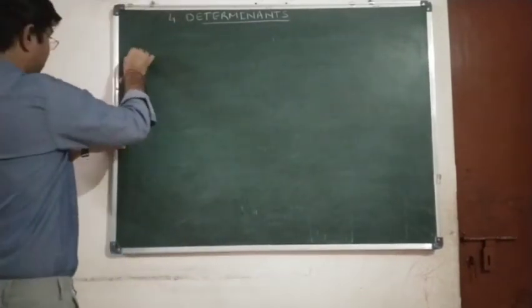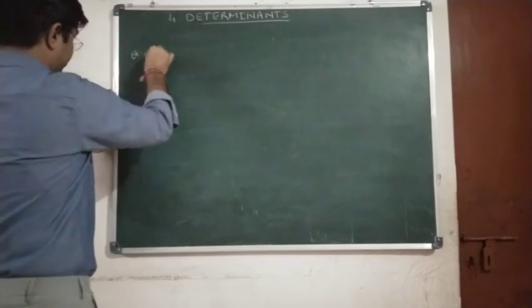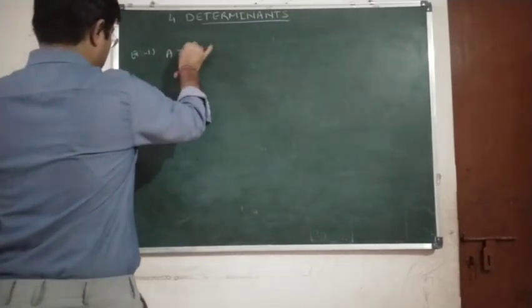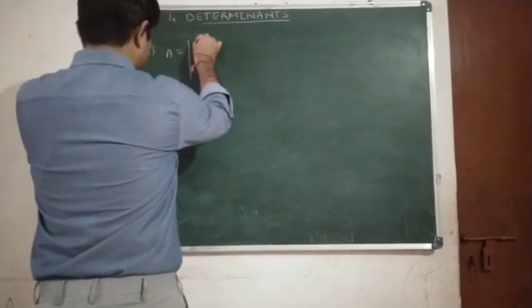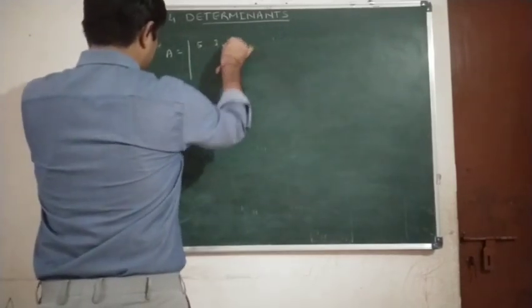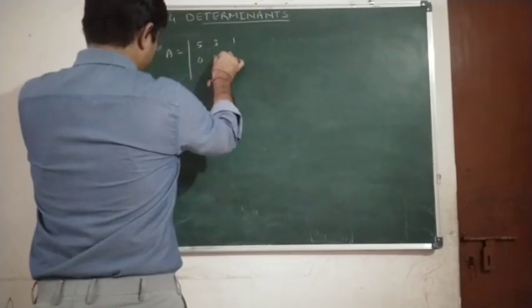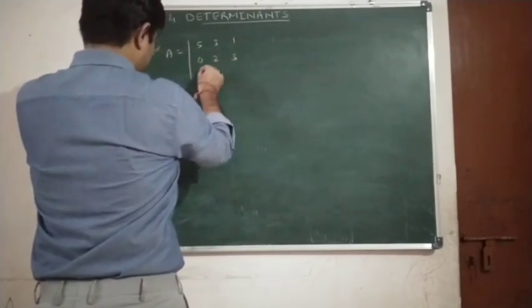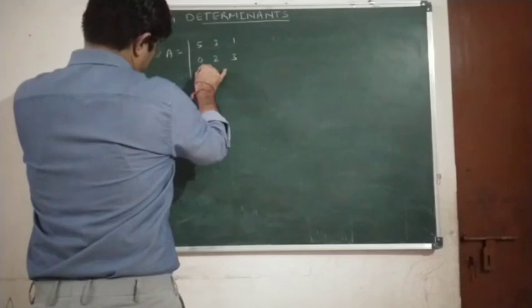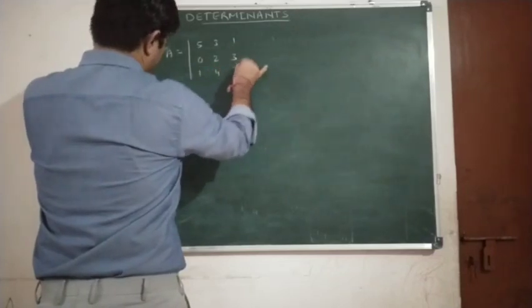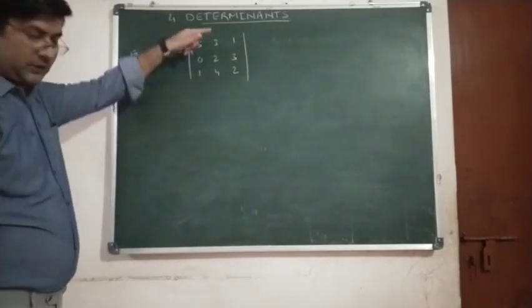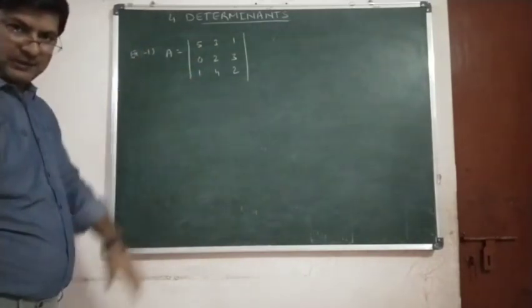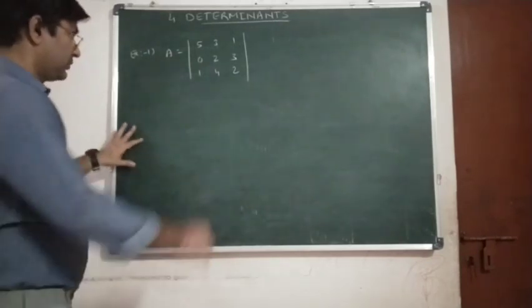Let me write down directly the determinant: 5, 3, 1, 0, 2, 3 and 1, 4, 2. I will expand this along the first row and first column one by one, and we will see that we get the same answer in both cases.